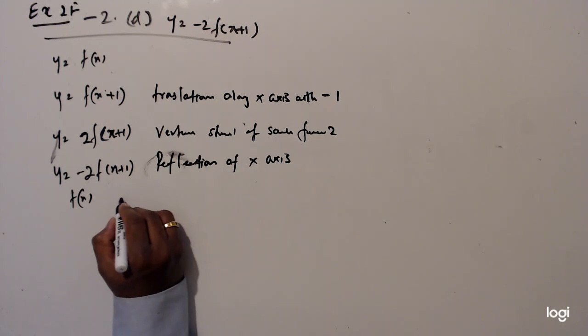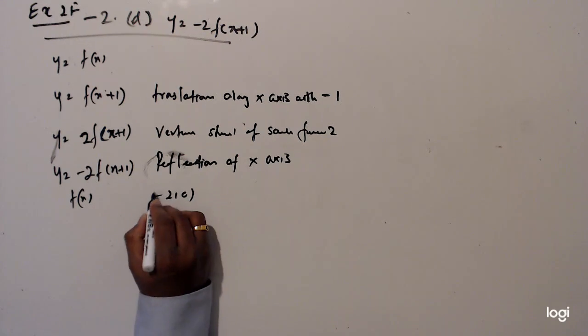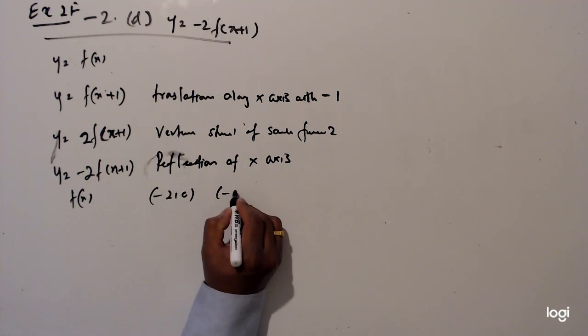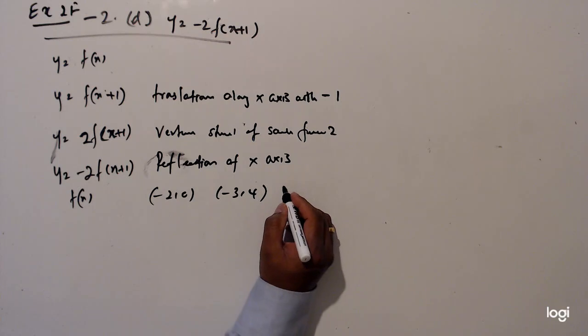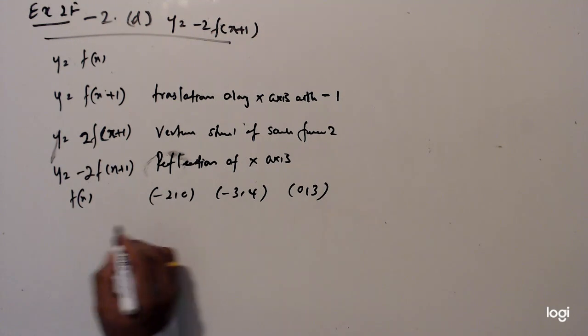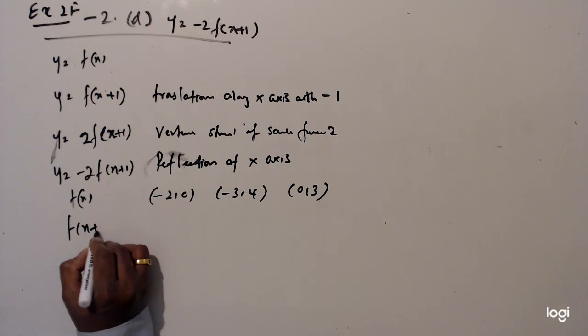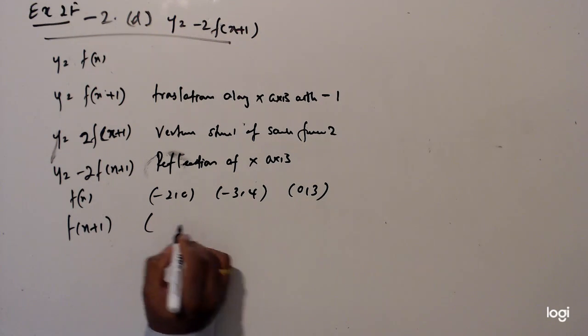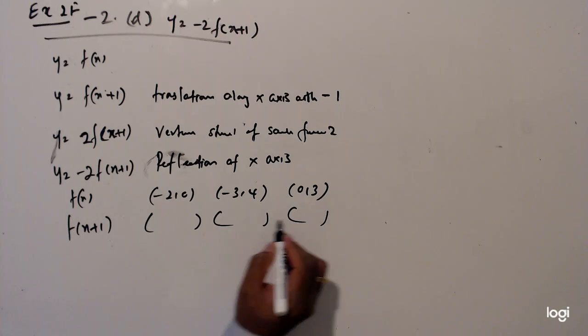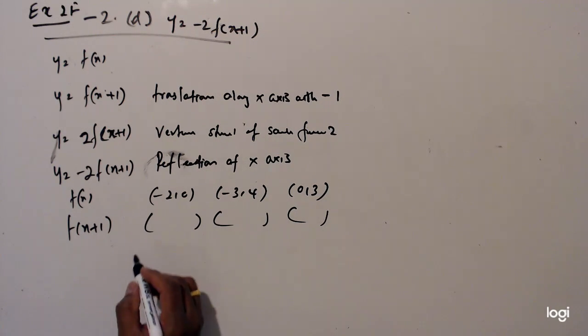For f(x) we have (-2, 0), (-1, 4) and (0, 3). So f(x plus 1) is affecting the x value.